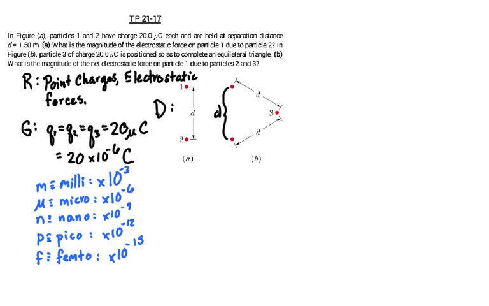The first major scale, times 10 to the negative 3, is milli. Then we go to micro, times 10 to the negative 6, nano, times 10 to the negative 9, pico, times 10 to the negative 12, and femto, times 10 to the negative 15. You will see all of these this block.